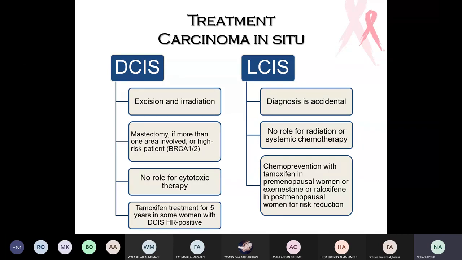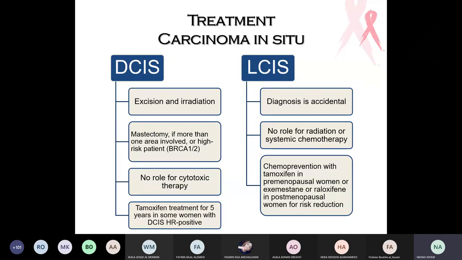We can sometimes irradiate, and with carcinoma in situ we do not give systemic cytotoxic chemotherapy. Okay, why? Because the cancer cells did not invade through the duct or the lobule. Therefore, the potential that these cells had spread outside the breast, for example, is almost null.